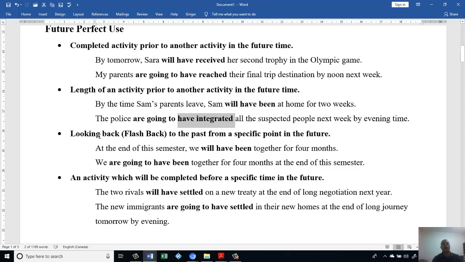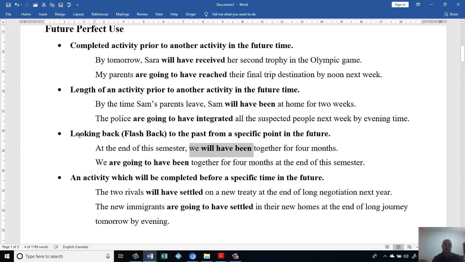The third one is looking back, sometimes we say flashback. We look to the past from a specific point in the future. At the end of this semester, we will have been together for 4 months. You see here? At the end of the semester, not now.